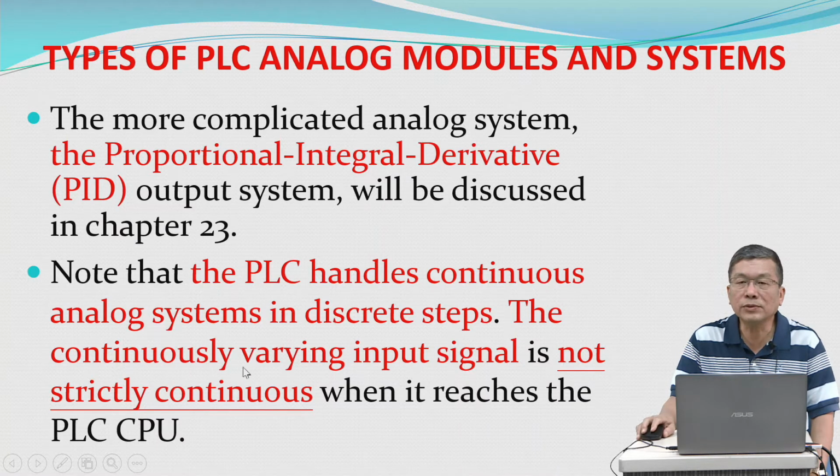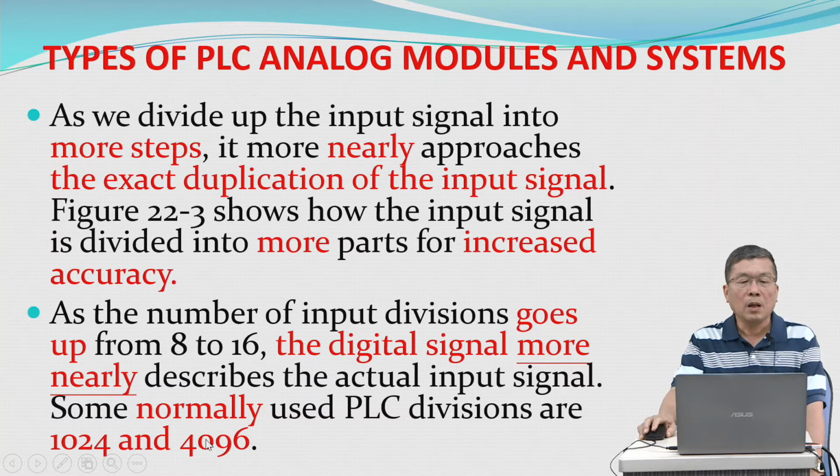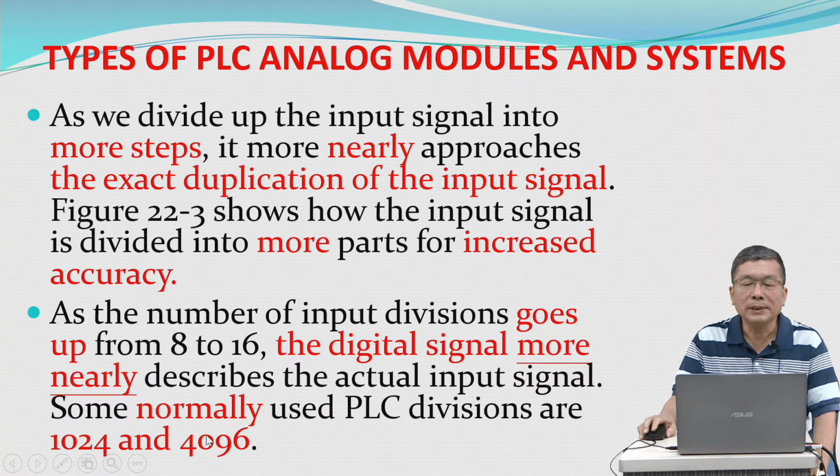The continuously varying input signal is not strictly continuous when it reaches the PLC CPU. As we divide up the signal into more steps, it more nearly approaches the exact duplication of the input signal.